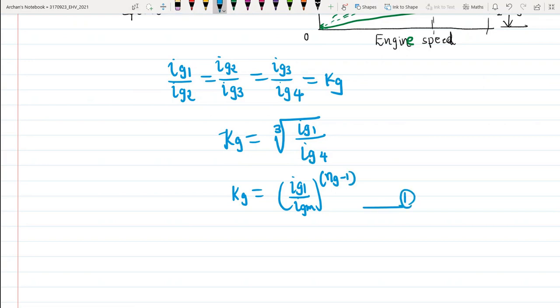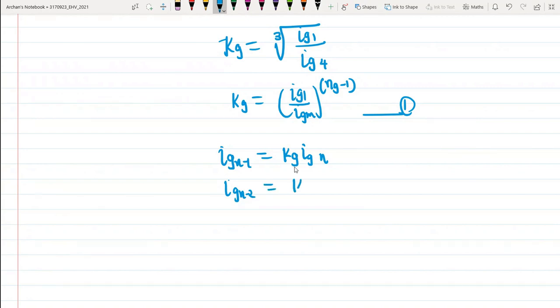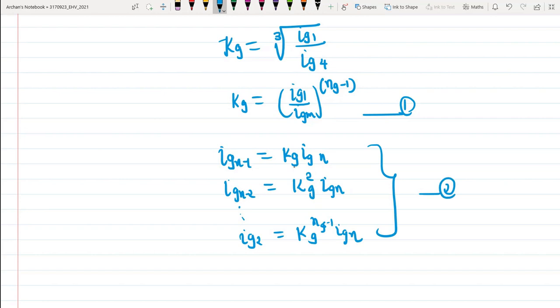Okay, so this is the equation used to find the factor kg. And you can also find each gear ratio. Say gear ratio Ig(N-1) is given by kg times IgN. Then Ig(N-2) will be equal to kg squared times IgN, and so on. So Ig2 will be equal to kg raised to (N minus 2) times IgN. Let us say this is equation number 2.